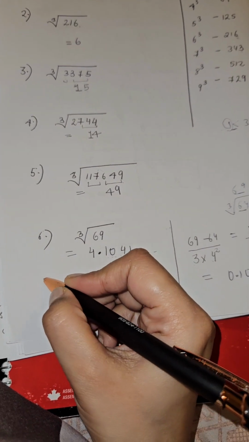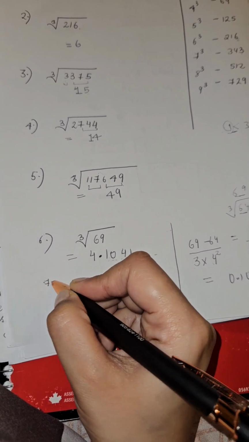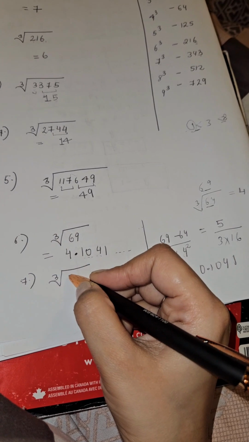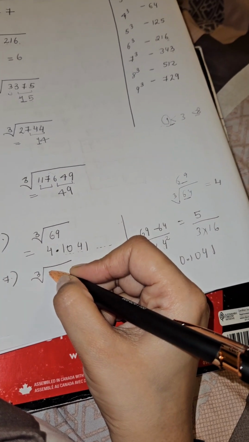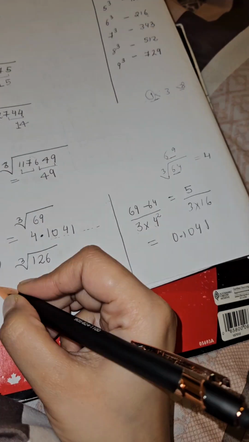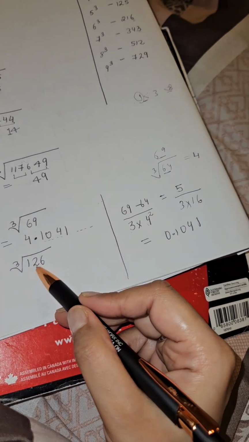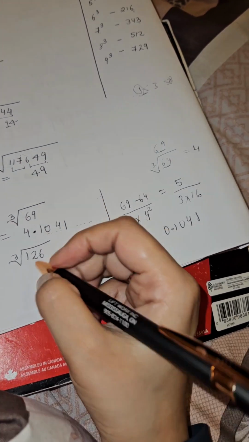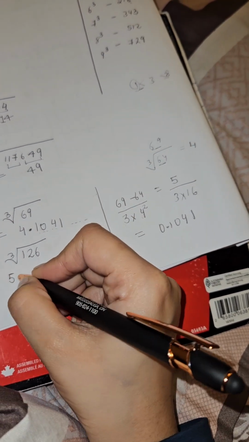If we go further, suppose we have to find the cube root of 126. 126 is closer to 125, and 125 is the perfect cube of 5.